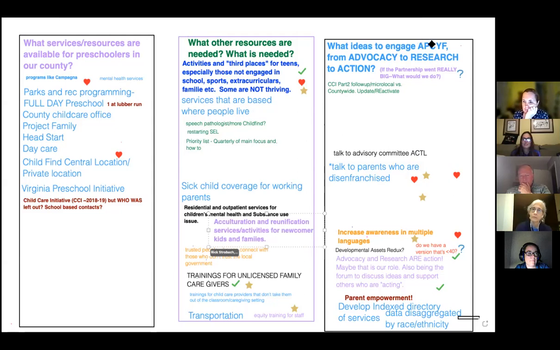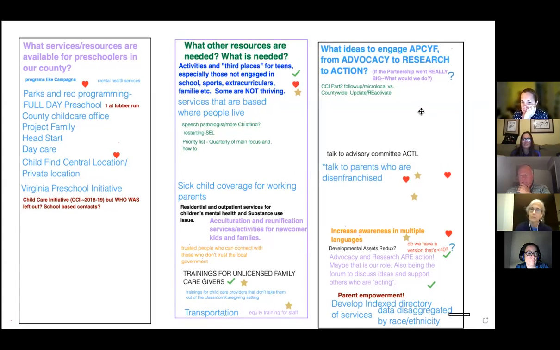I don't know anything about data necessarily, but just as part of this conversation on services and resources available for preschoolers, the other resources needed, the role that research plays. Sure. On the early childhood front, there is nothing that I know of coming out of APS at the level that I have seen at DHS.